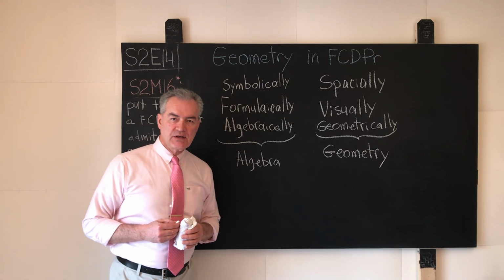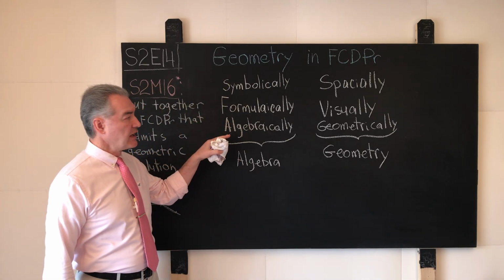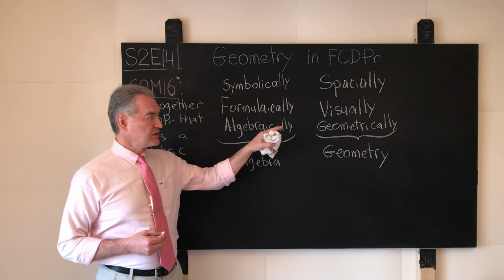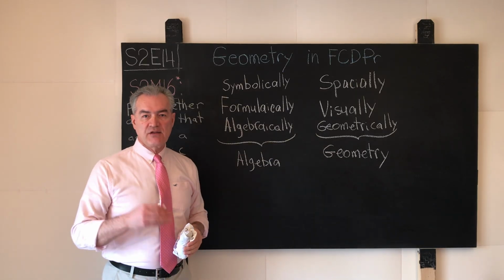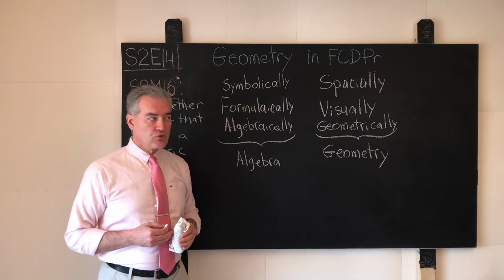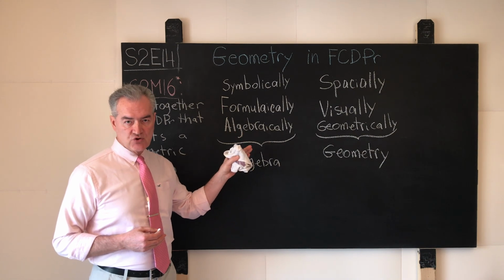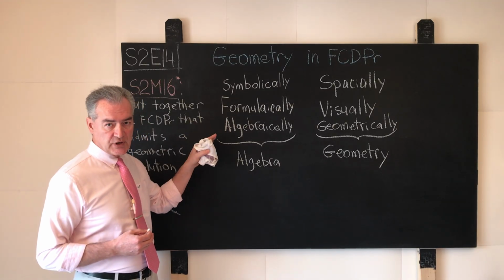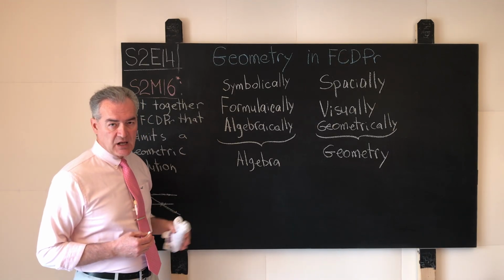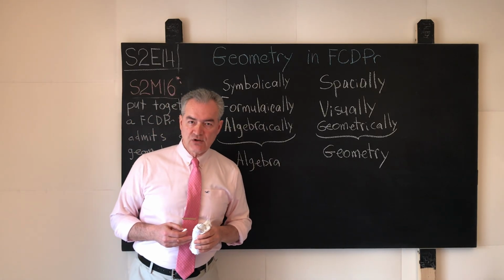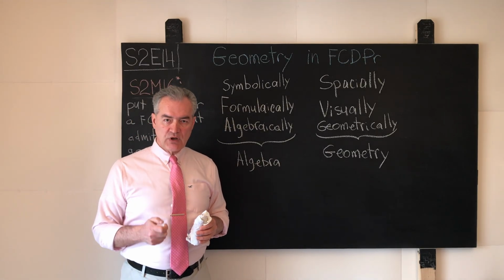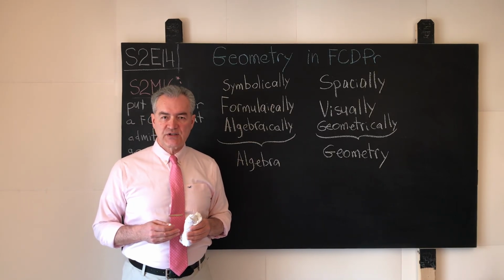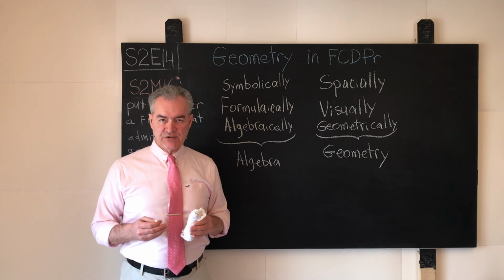Some people think algebraically, formulaically, and symbolically better in some sense than they think spatially, visually, and geometrically, and the other way around. There are some people who think spatially, visually, and geometrically better than they think symbolically, formulaically, and algebraically. There are also some people who think in a way that is smudged somehow between these two extremes, and there are people out there who think in a way that is fairly well balanced between these two extremes.